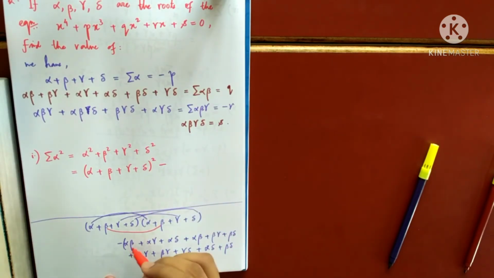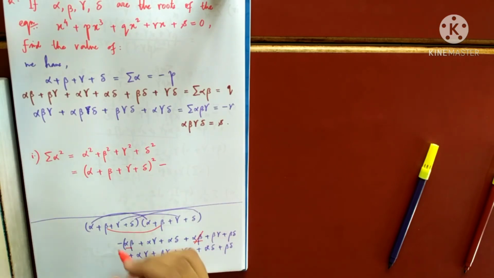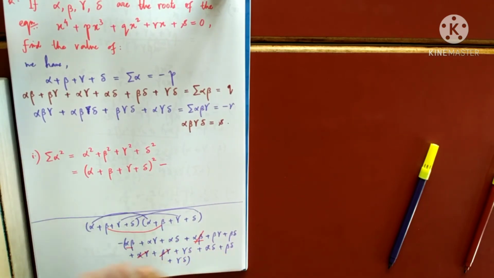But you see, this is simple. Alpha beta 2 times. Every term is 2 times. So this I'm cutting one, I'll simply write here 2. Next, what extra do I have? Alpha gamma is 2 times, cancel this, I'll write it here. Beta gamma is 2 times, I'll cancel this, I'll write 2. Next is beta gamma.